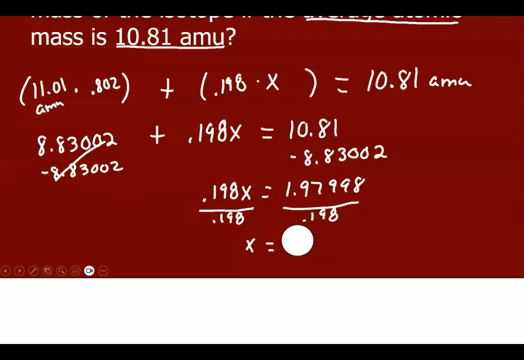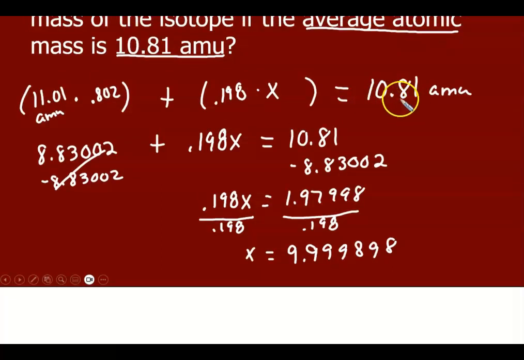My board did a little freak thing there. 9.9998, 9, 8, I think. Well, I'm doing a mass, and so the masses should match the other masses, which means I should be going out 2 decimal places for those AMUs.